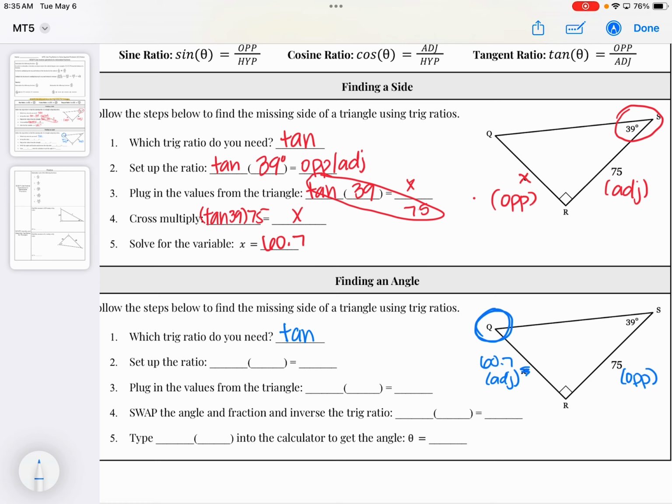We're going to use it a little bit differently. We need to set up our ratio first. So the tangent of Q, the angle we're looking for, is going to equal the opposite over the adjacent.